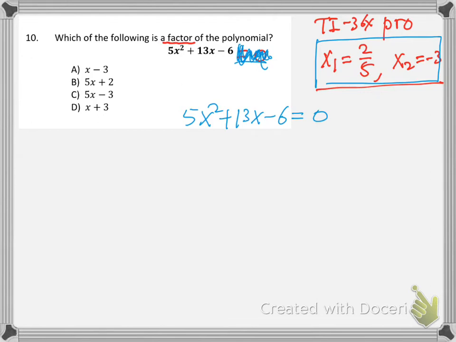We got two solutions, x1 and x2. So now how to factor the left hand side? I will write down a formula, then you will get two factors for this quadratic polynomial. So this is the formula: a(x minus x1)(x minus x2).